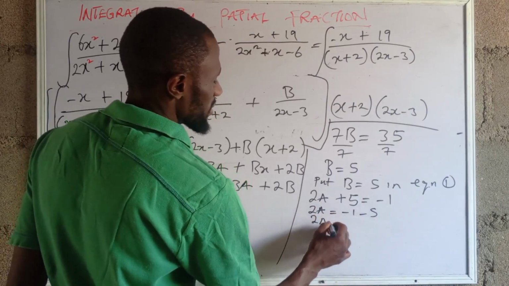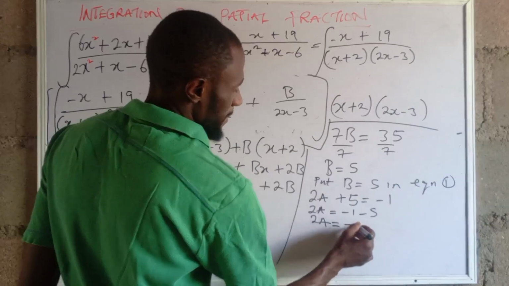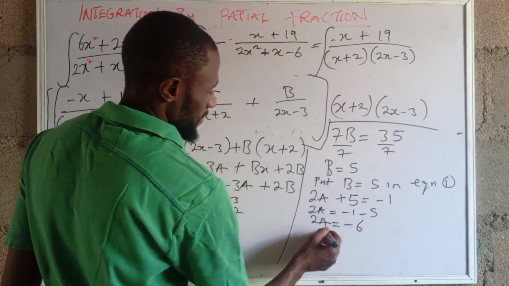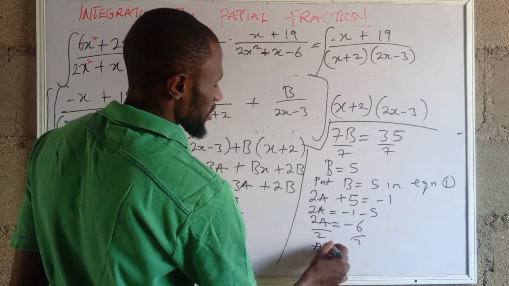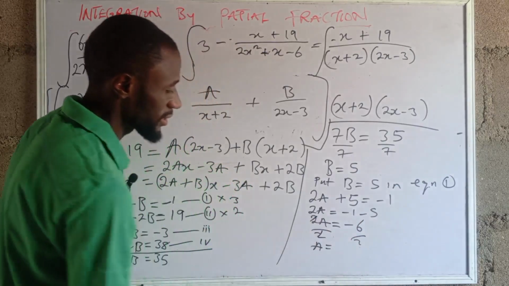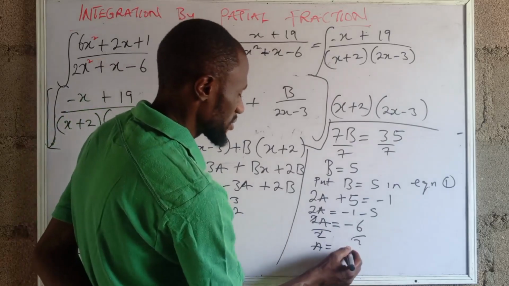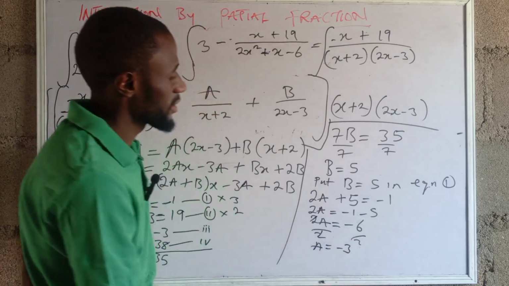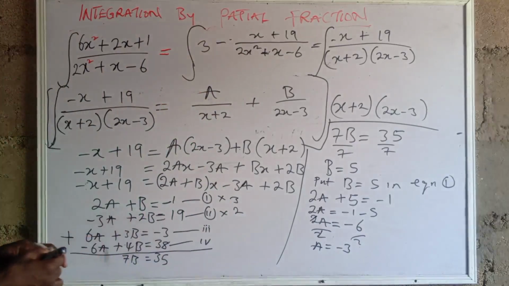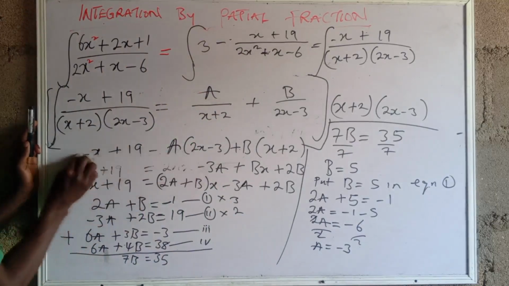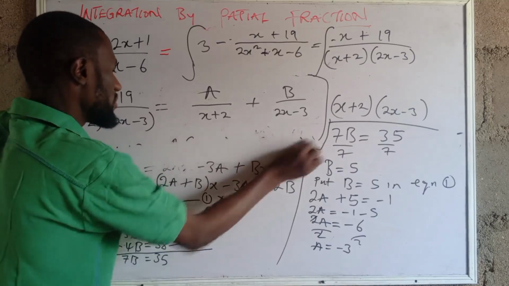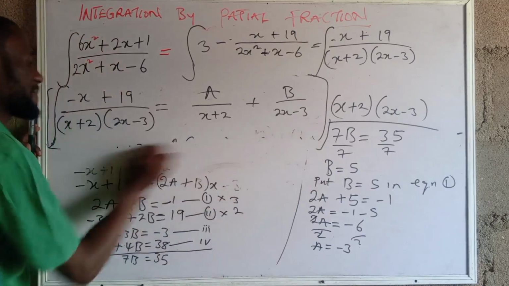We have 2a is equal to minus 6. Divide both sides by 2. Here we have a is equal to 6 divided by 2, here we have minus 3. Therefore, we have our a as minus 3 and our b as 5.